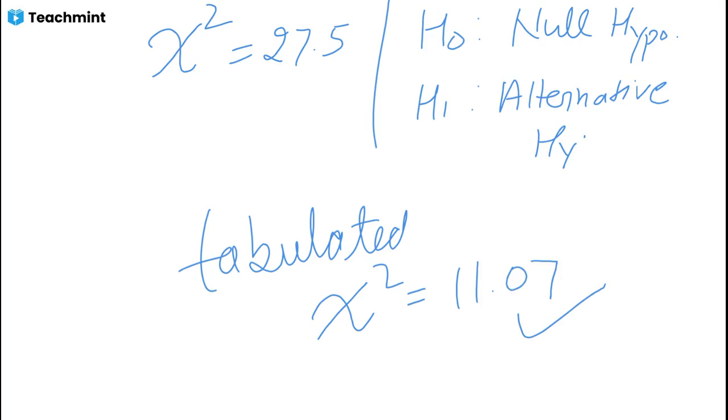Obviously this is less than the calculated value, but the calculated value should be less than the tabulated. So if we consider any null hypothesis, obviously we'll reject it and take the alternative hypothesis. Got it?